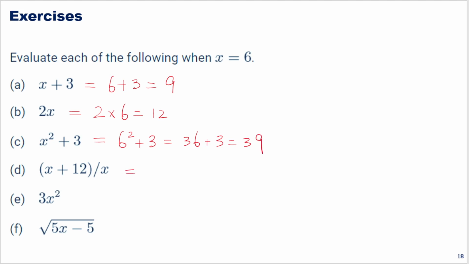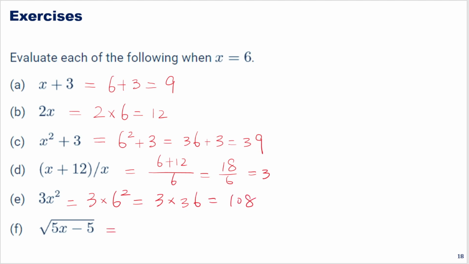And x plus 12 over x is 6 plus 12 over 6, and that's 18 over 6, which is 3, right? And 3 times x squared is 3 times 6 squared, which is 3 times 36, which is 108. Last one is square root of 5 times 6 minus 5, which is square root of 25.